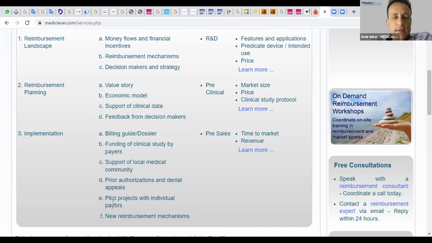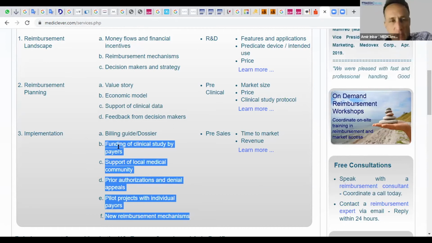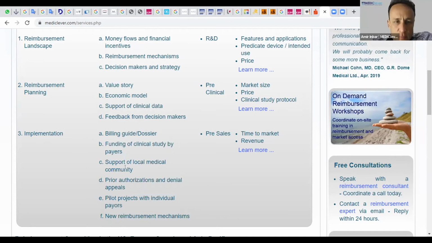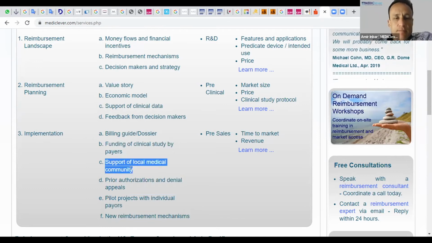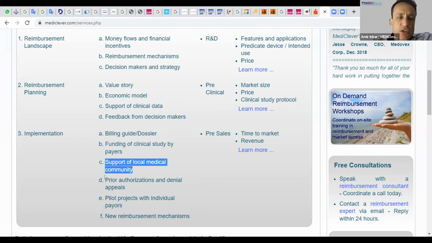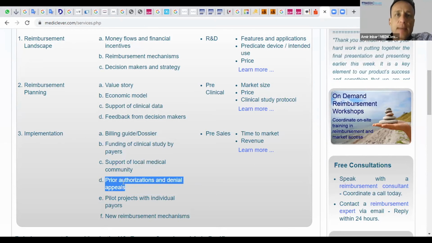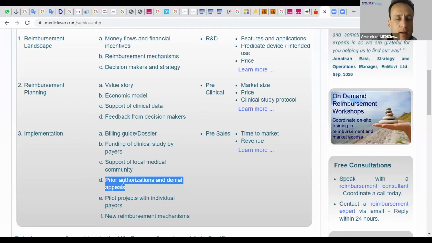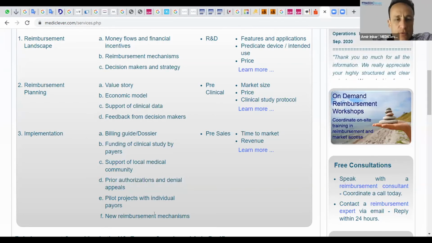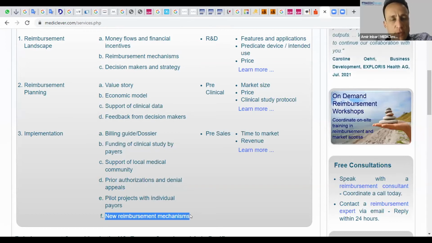These may include funding of additional clinical studies by payers for their local jurisdiction, harnessing the support of the local medical community, and, in the interim period before we obtain formal reimbursement, initiating a program in which we apply for reimbursement on a case-by-case basis and appeal denials, if any, all the way to drafting applications and working with the local medical community to apply for the development of these new reimbursement mechanisms.